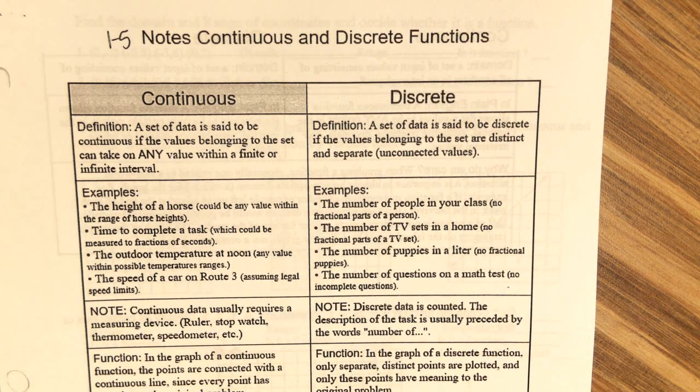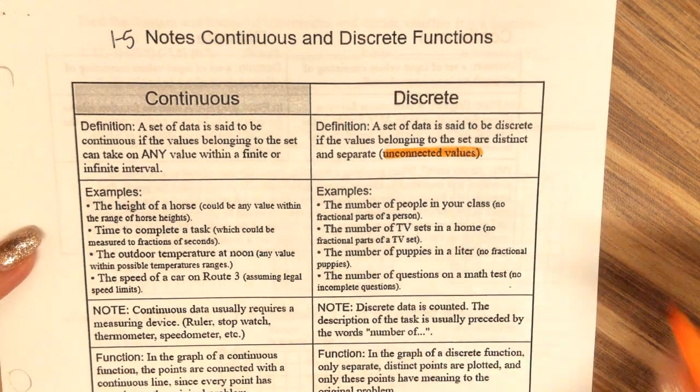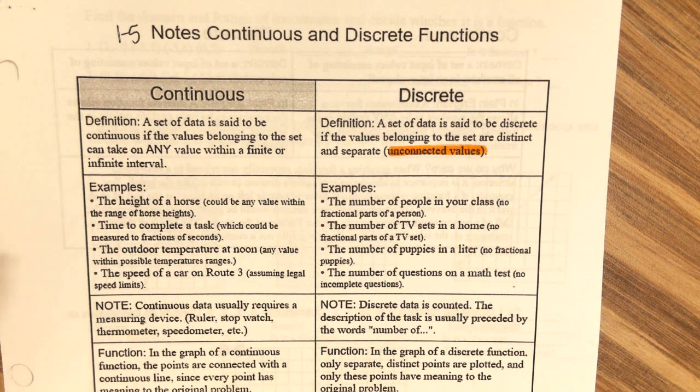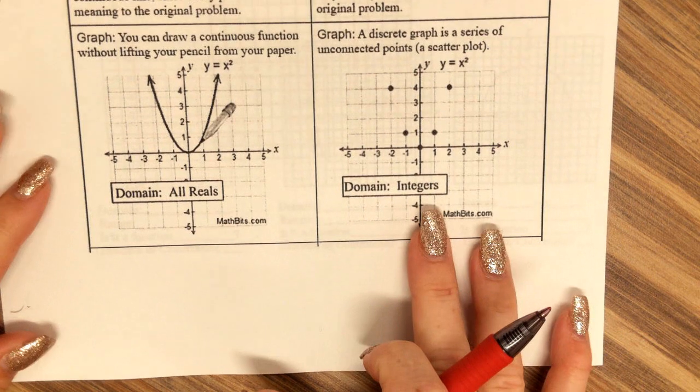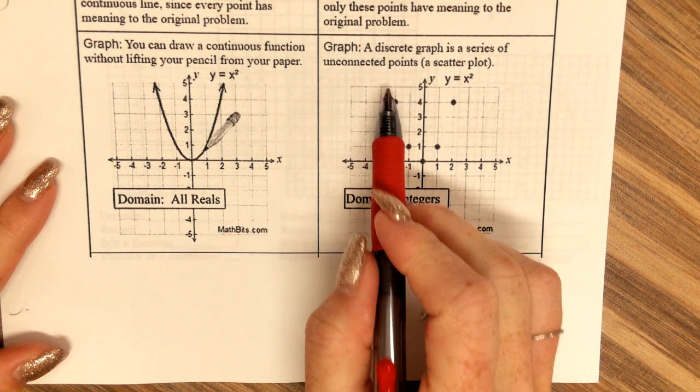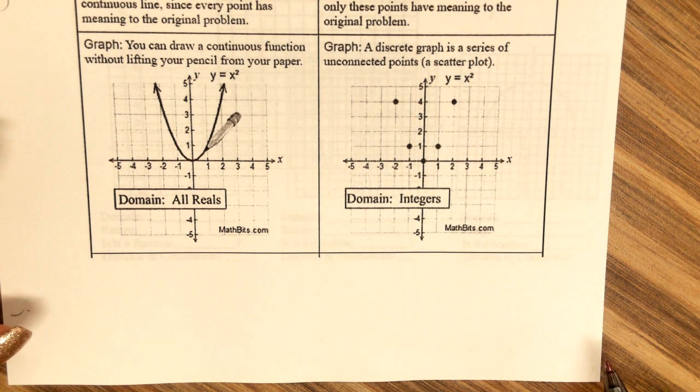They are unconnected values. So if you look down here, these dots are not connected. That is discrete. Does that make sense? It's very easy. If the dots are connected, continuous. If the dots are not connected, discrete.